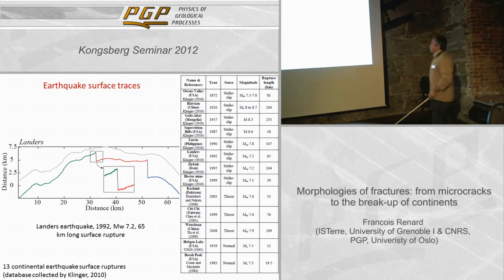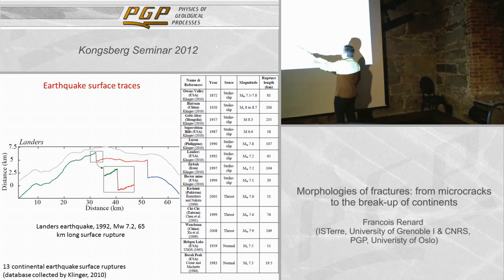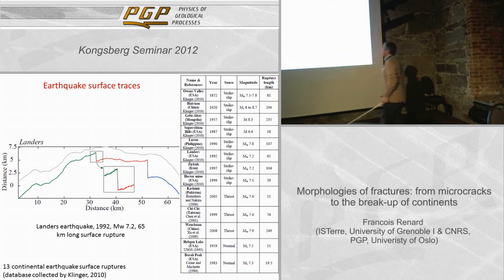So we use the Turkey data. We use also some tens of surface rupture data. This one is an earthquake in California in 1992. So the earthquake broke 3 fault segments, 1, 2, 3, over a distance of 65 kilometers. And the roughness amplitude of this surface trace is something like 5 kilometers.